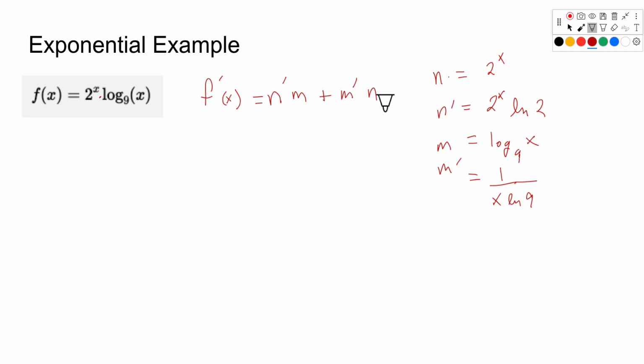So this is going to be 2 to the x, natural log of 2, times log base 9 of x, plus the derivative of m, which is 1 over. So this one we actually can make into a fraction. And then in the numerator, we're going to have the original function 2 to the x.